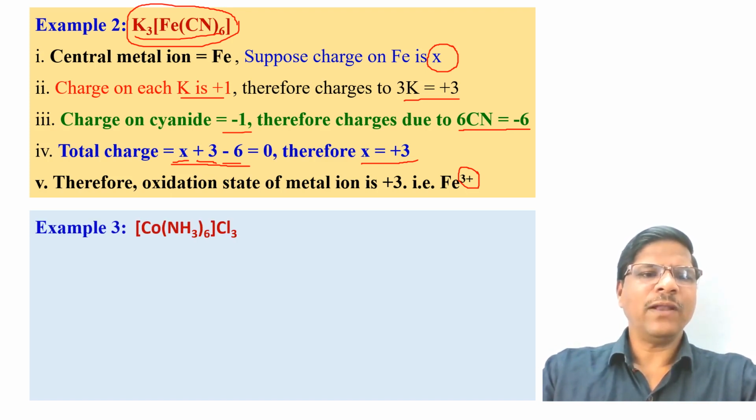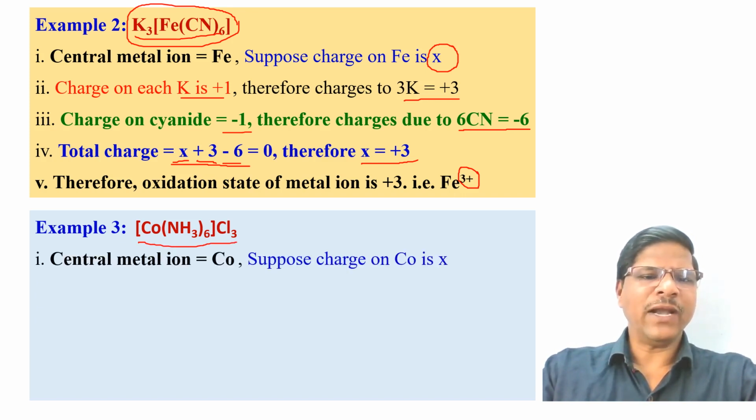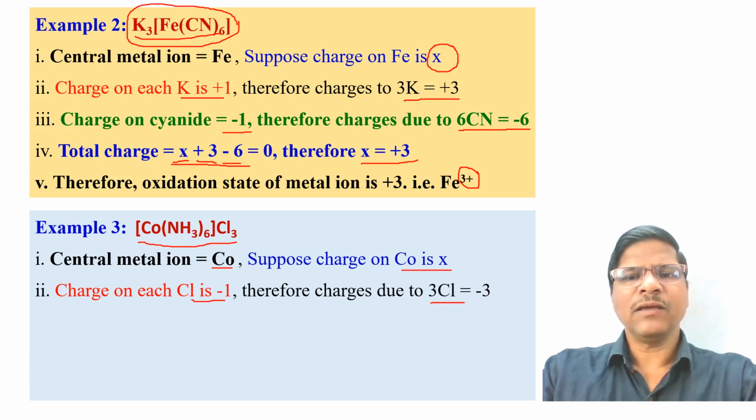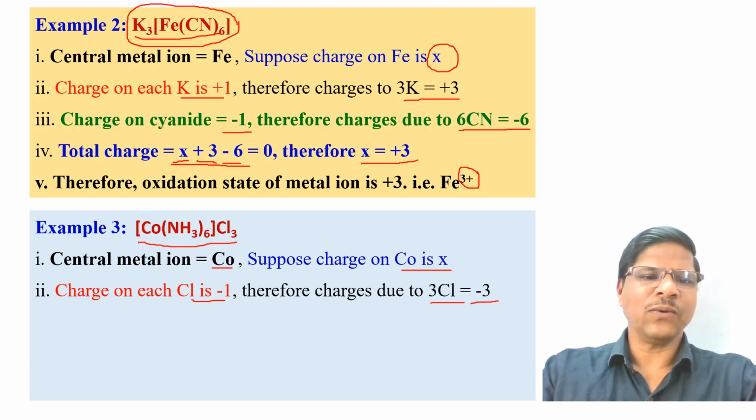The next example, [Co(NH3)6]Cl3. The central metal ion is cobalt, and we suppose the charge on the cobalt is X, to be calculated. Chloride has -1 charge, and there are 3 chlorides, hence -3 charges due to the chloride.